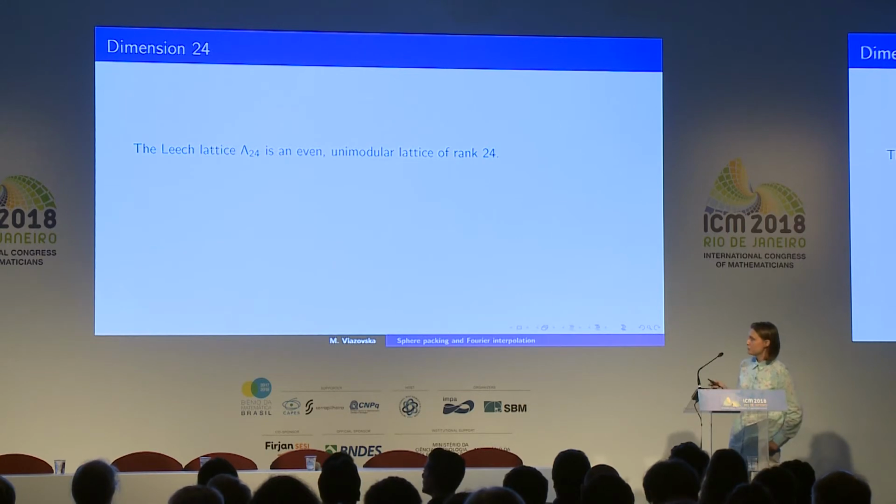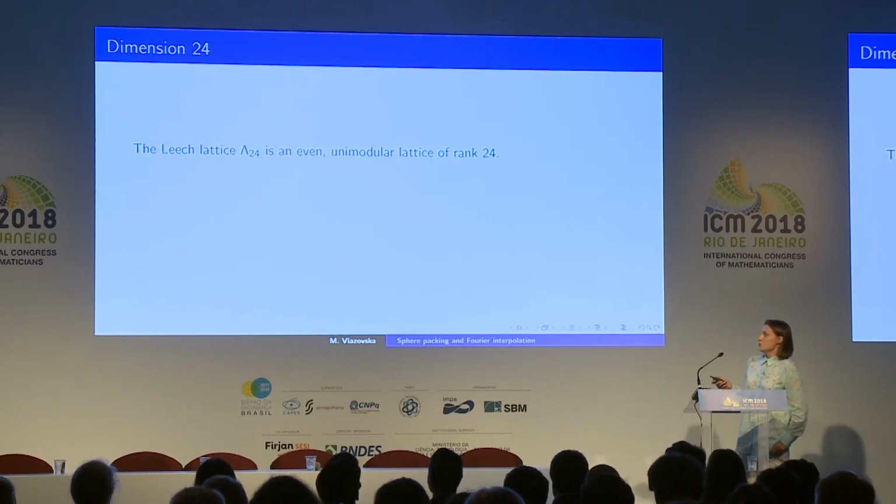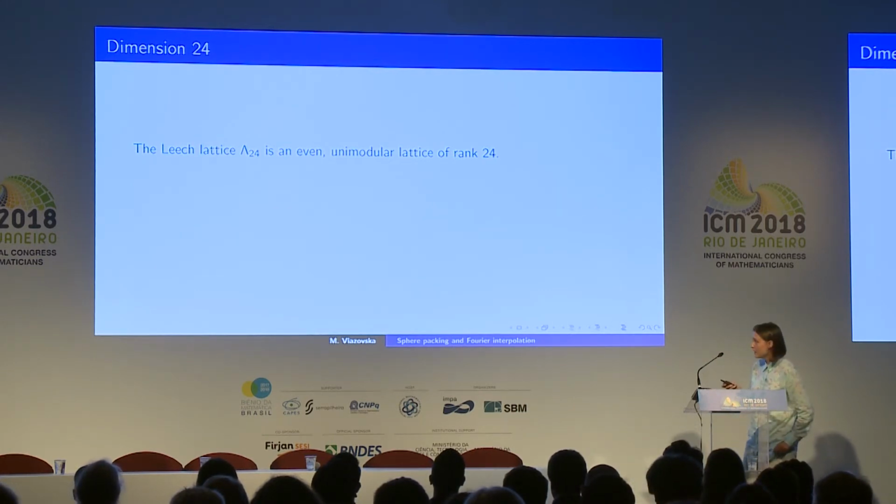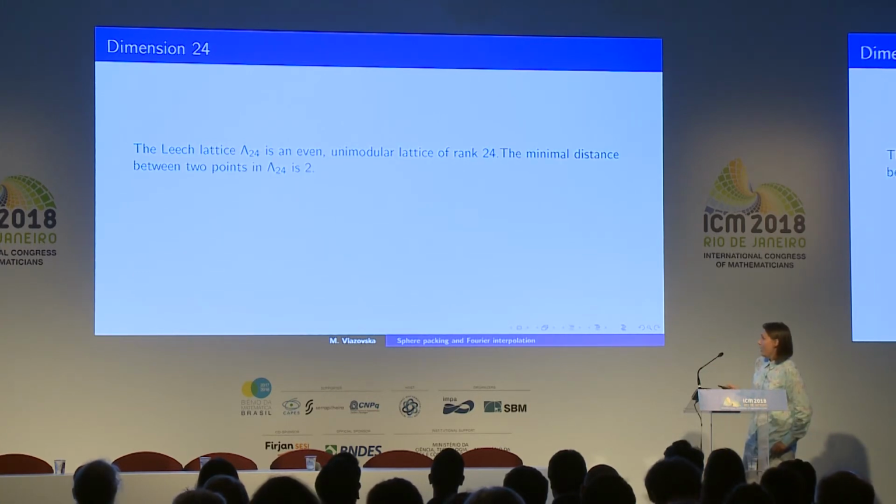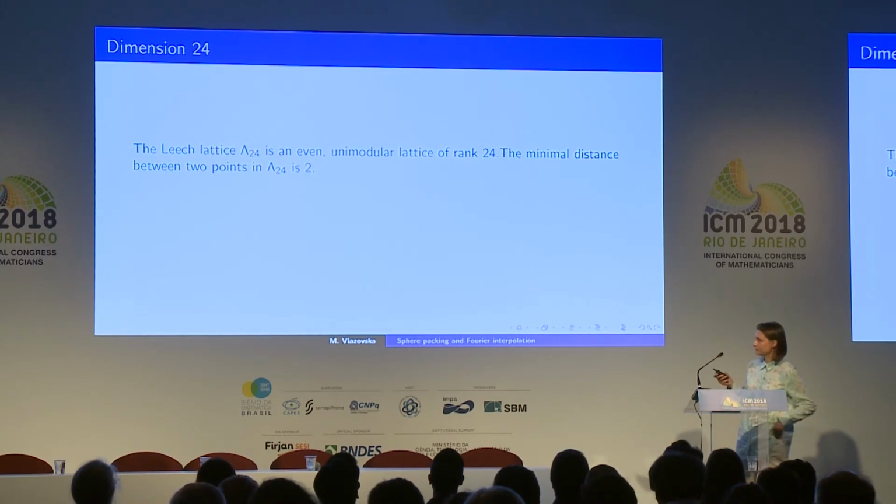The situation is quite similar in dimension 24. In dimension 24, we have another remarkable lattice, which is called the Leech lattice. It's also even and unimodular. We know that there exist exactly 24 lattices like this up to isomorphism.